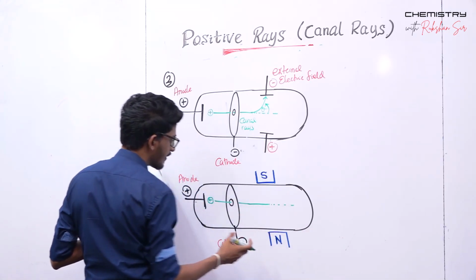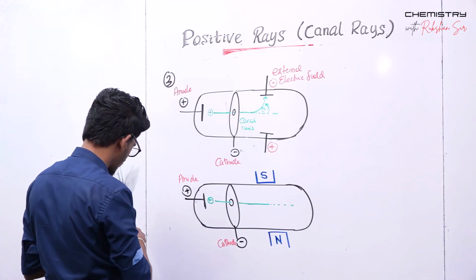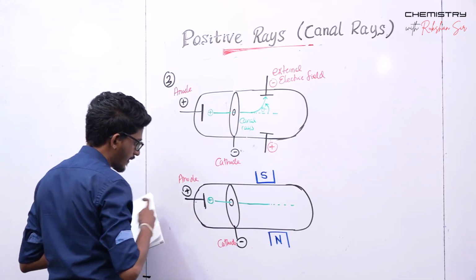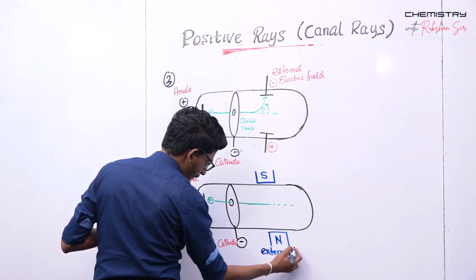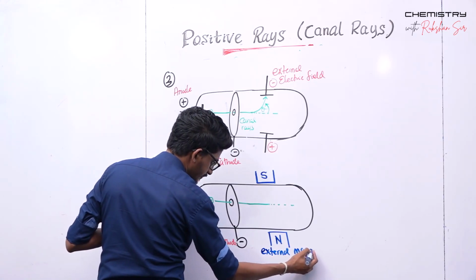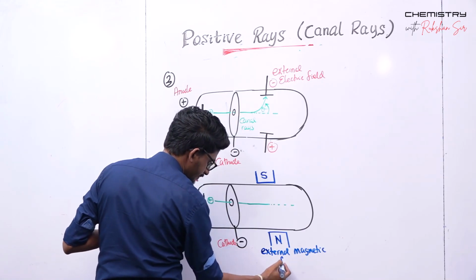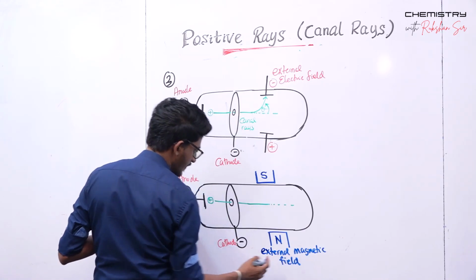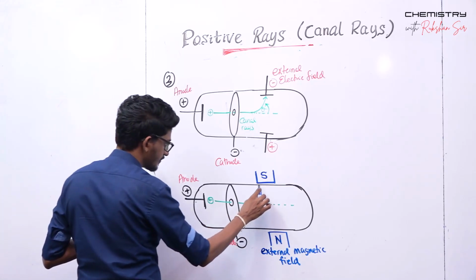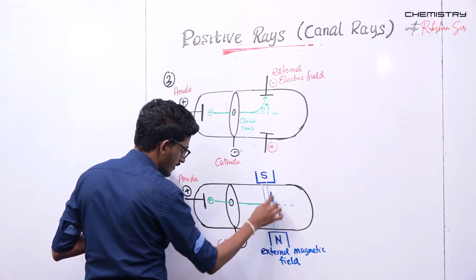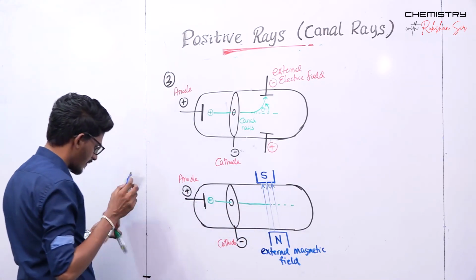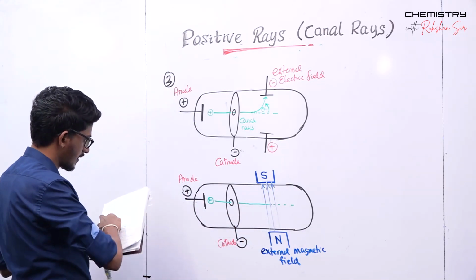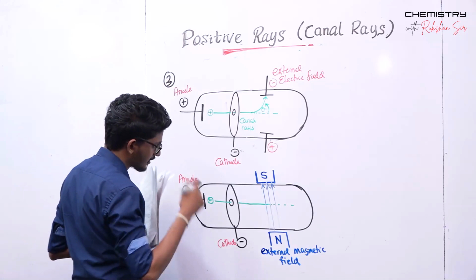When they feel the presence of the external magnetic field, what will happen? This is how the magnetic field operates. They will get deviated.